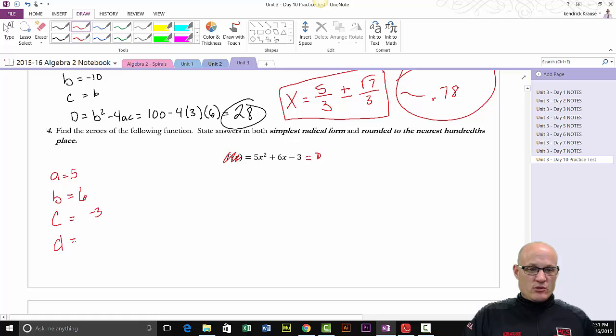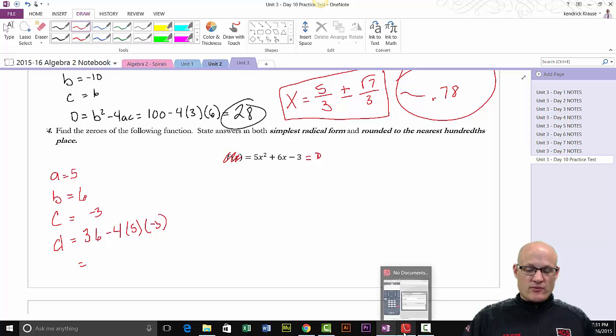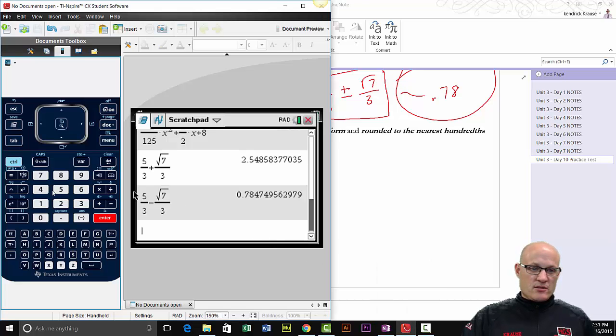D equals b squared, which is 36, minus 4 times a times c. So this is 36 minus 4 times 5 times negative 3.